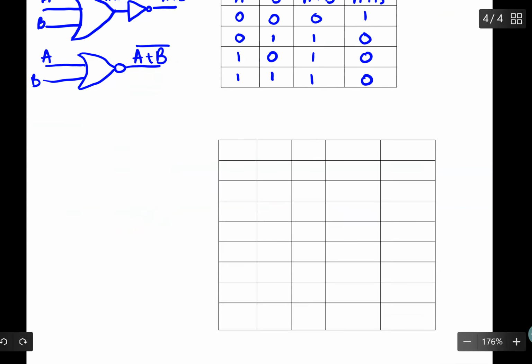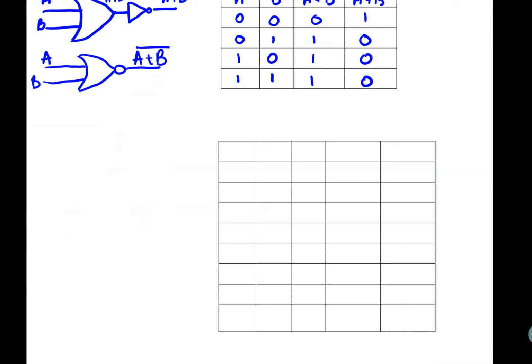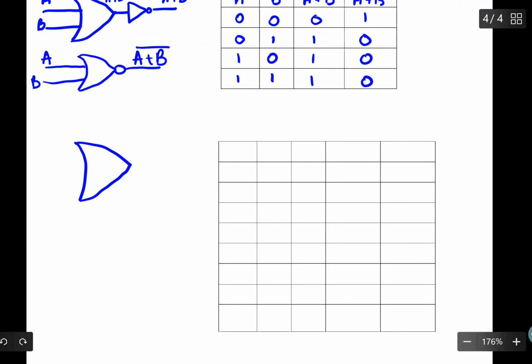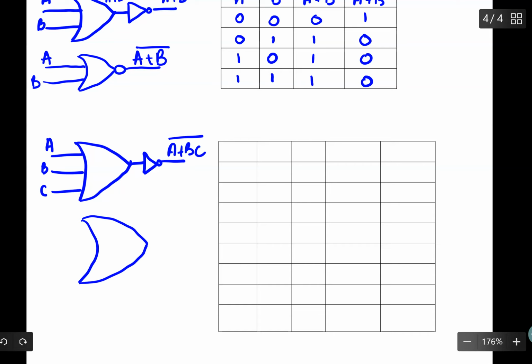Alright, so with the 3 inputs, similar to this, I will have 3 inputs coming in as A, B, C, and I invert the signal coming out of it. I can also draw my NOR gate as this.